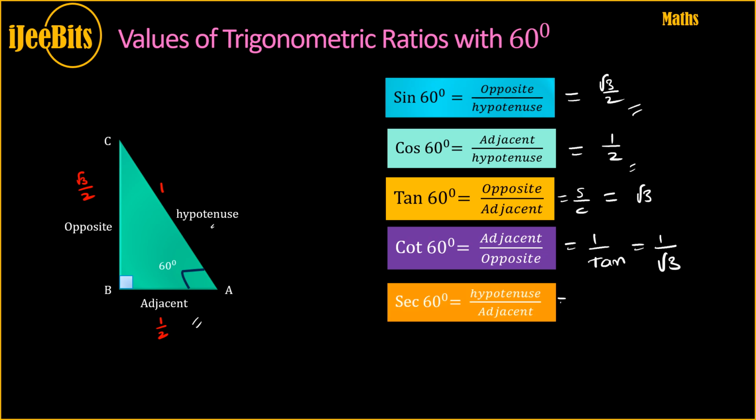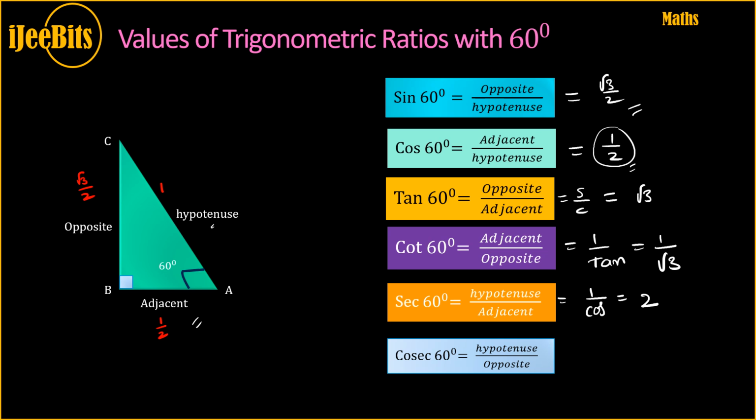Secant means 1 by cos. So the cos value is this one, right? 1 by 2. Reciprocal is 2. Cosecant 60 is nothing but 1 by sine. We know the sine value, root 3 by 2. So the reciprocal is 2 by root 3.